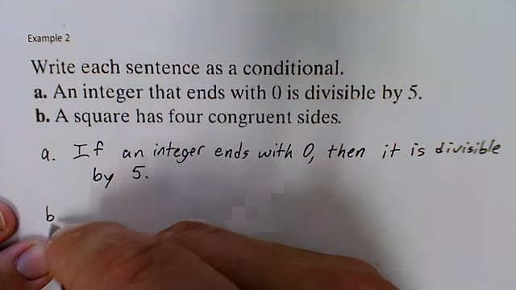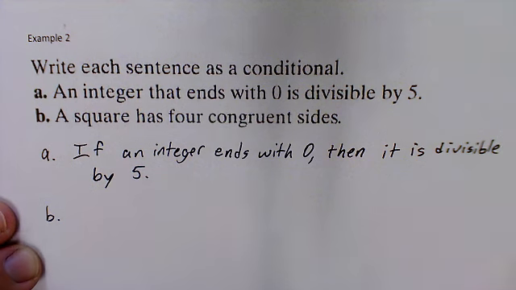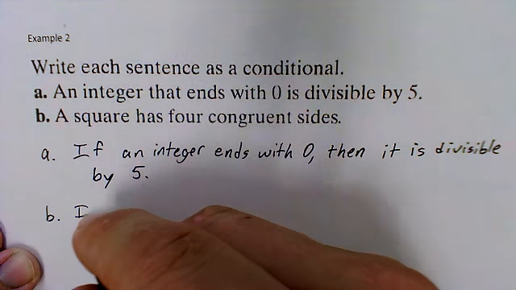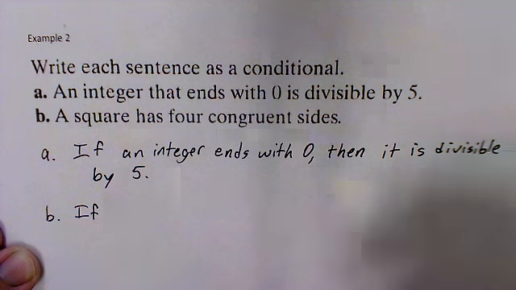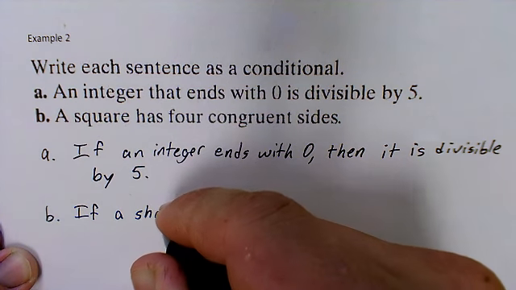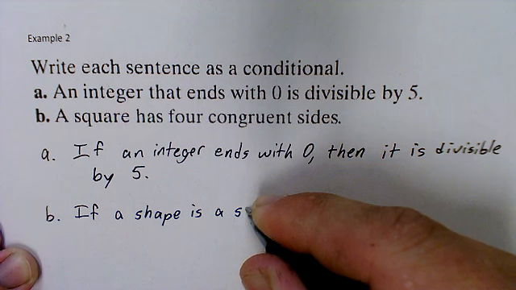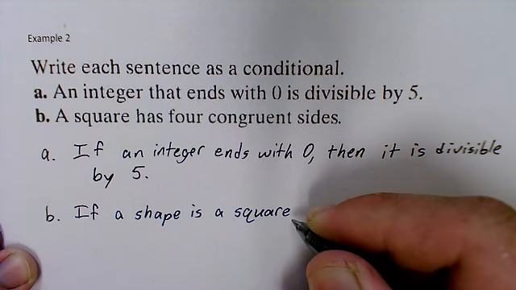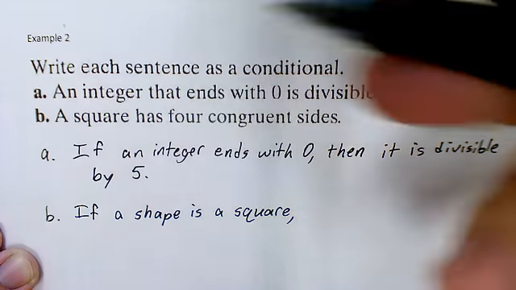All right, for part B, a square has 4 congruent sides. Might be a little bit tricky to know what your subject could be. So I'm going to write if, and I'll call it a shape. You could also use like a figure or something like that. So if a shape is a square, because they weren't talking about just any old figure. They were actually talking about specifically a square.